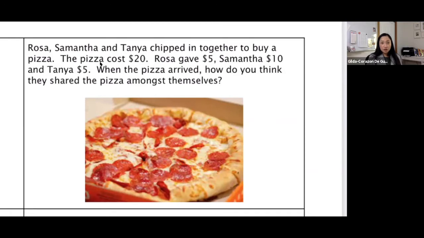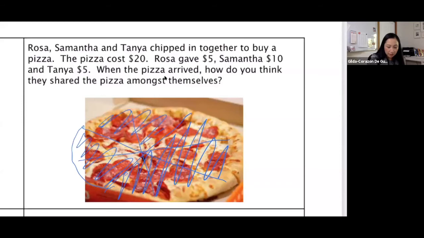There are a total of 8 slices, so Samantha would be getting a half, or 4 over 8. Rosa would get a quarter, which is this, and then Tanya would be getting that one there.